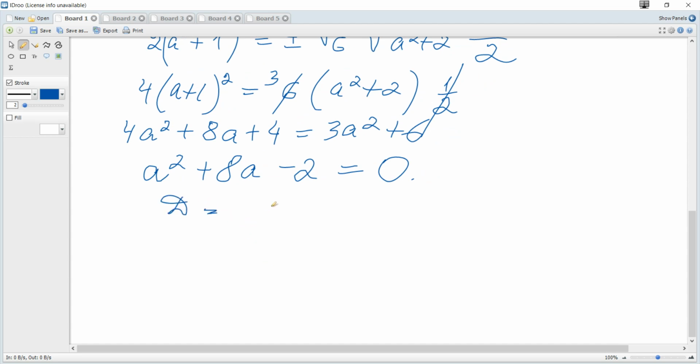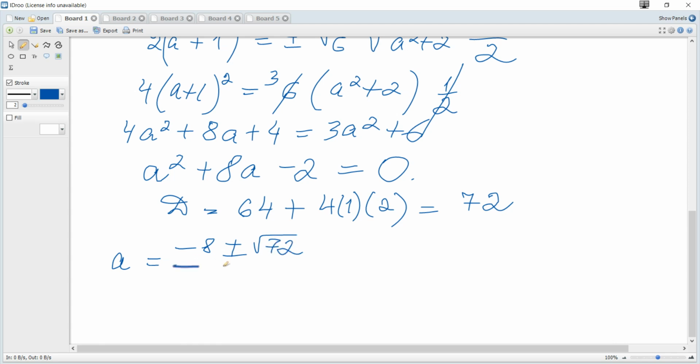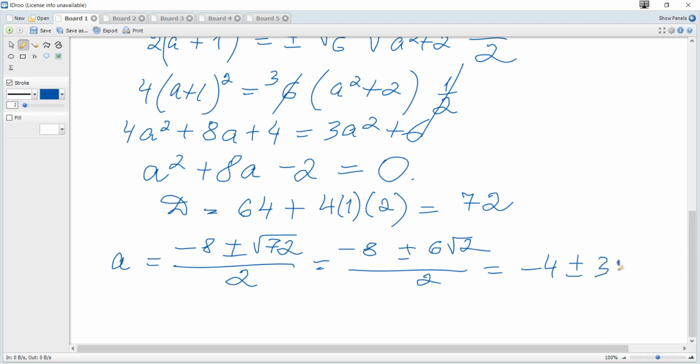So discriminant is b squared, 64, minus 4ac, times 1 times negative 2, and it becomes 72, and hence a is minus b plus minus root of 72 over 2, which is negative 8 plus minus, it's 36 times 2, so it's 6 root 2 over 2, and it's negative 4 plus minus 3 root 2.